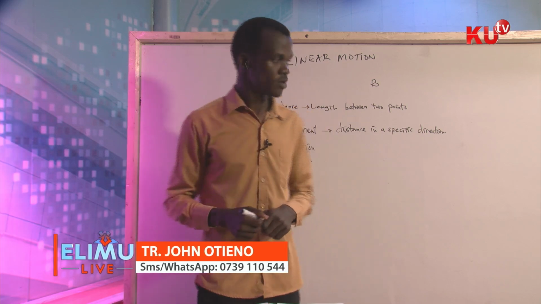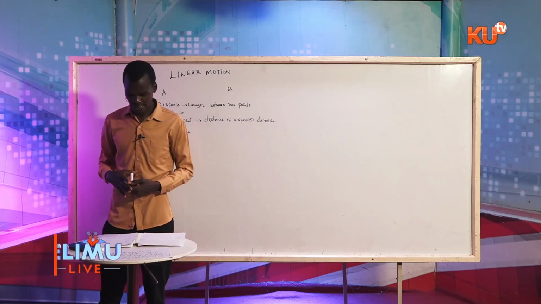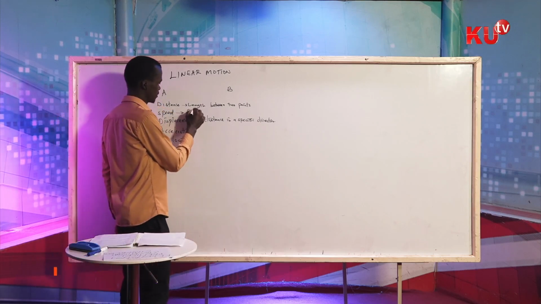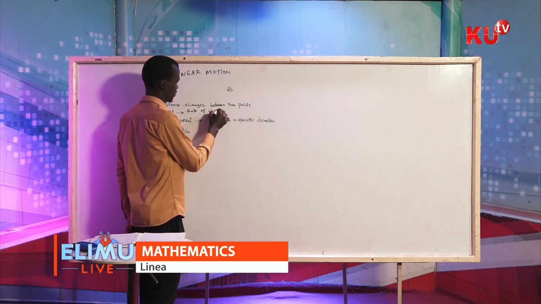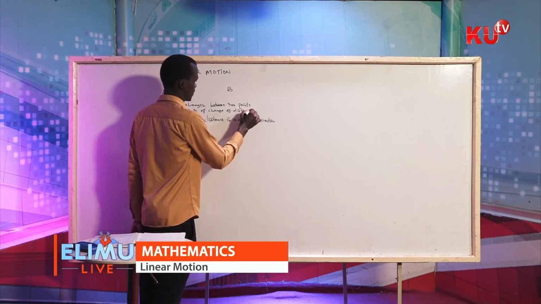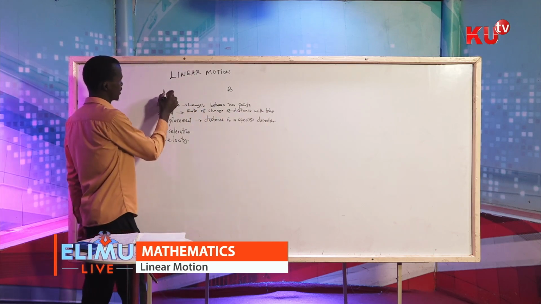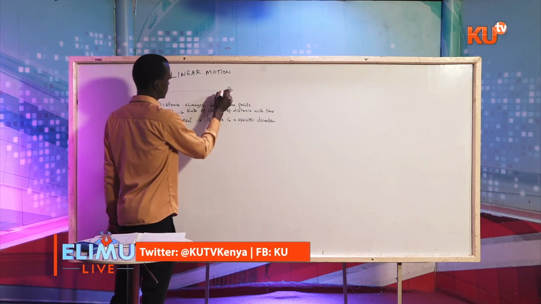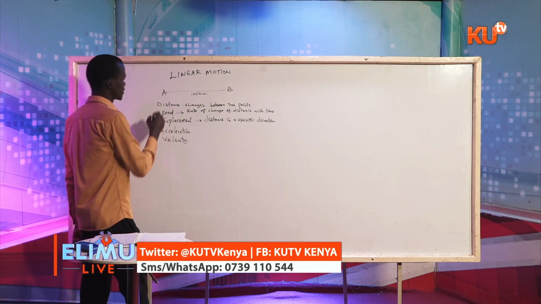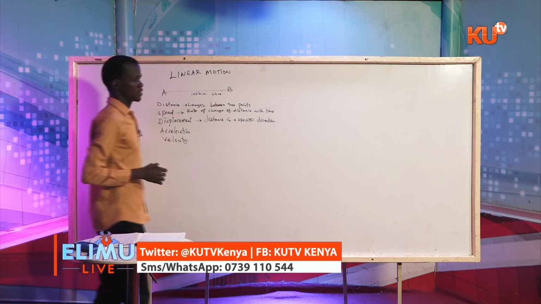The next definition that we want to look at is speed. Now, speed is the rate of change of distance with time. For example, if you're given that the distance between point A to point B is 100 kilometers, and a car is driven from point A to point B in 2 hours, then we say that is speed.